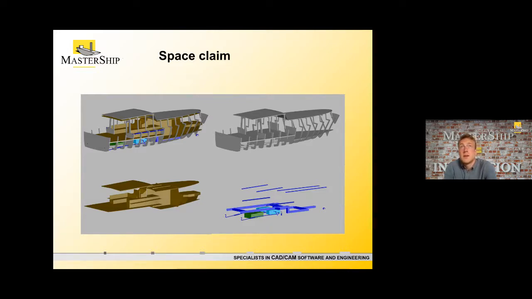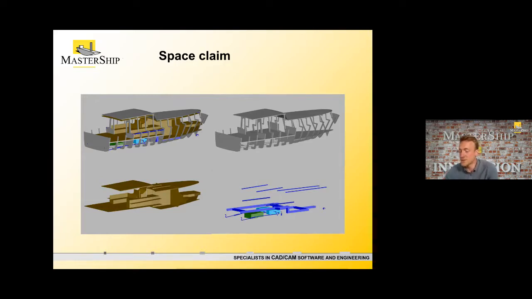One challenge is to not make your space claim too big, but also not too small. Say, for example, the construction builder makes his space claim too big, then your interior will be, in the end, a little too small. And for example, in a yacht, as you see here, the interior is, of course, the part that you want to maximize.